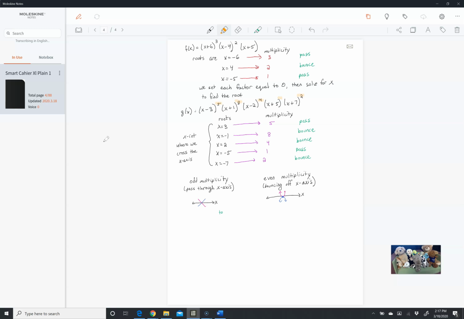So to determine if we pass or bounce, we only look at the multiplicity, not the root.